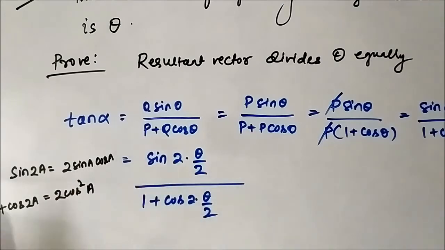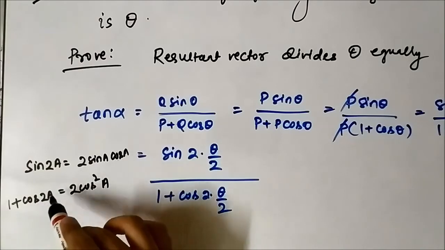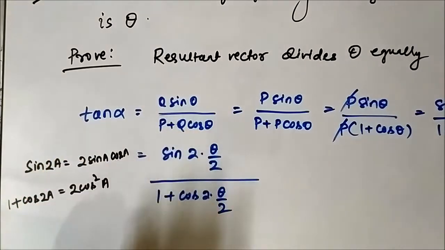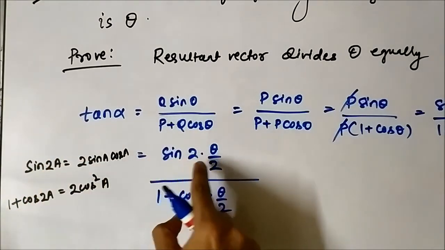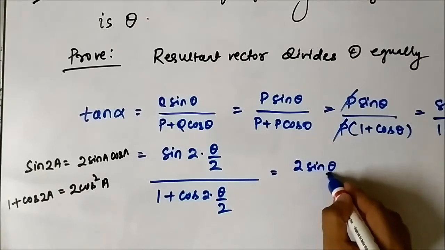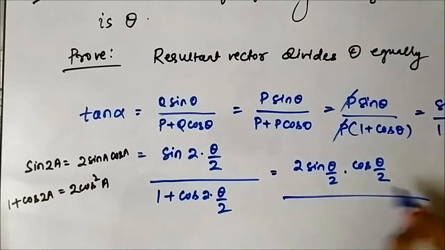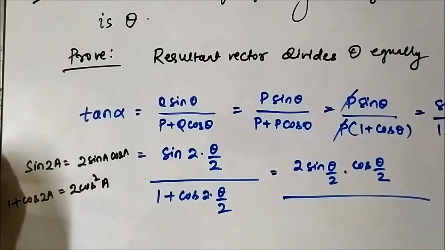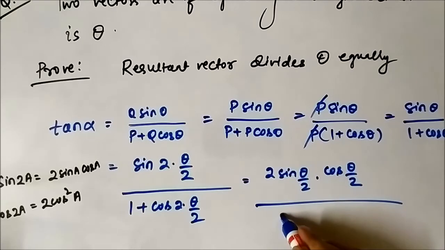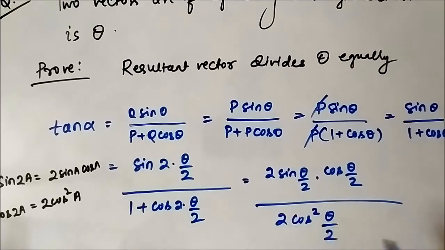So we'll use these two identities. Sin 2 theta by 2 becomes 2 sin theta by 2 into cos theta by 2, and 1 plus cos 2 theta by 2 becomes 2 cos square theta by 2.